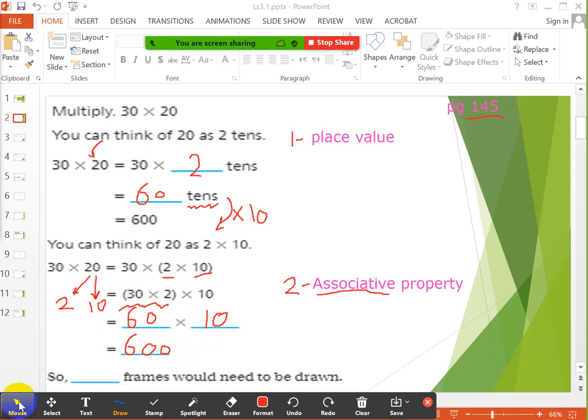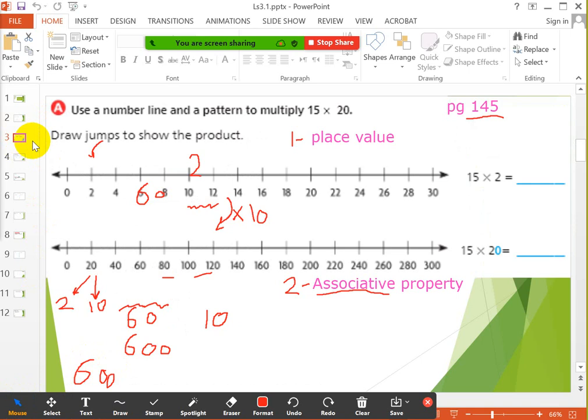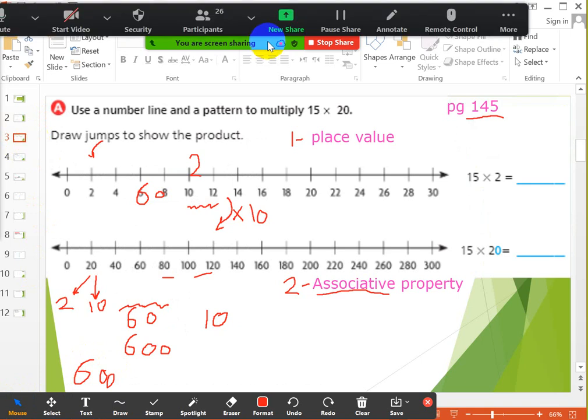Now let's move to another way. You finish this page, please. If you finish, type 1 just one time. If you finish, thank you, girls. Okay, I think all of you finished. So let's move to the second exercise or the second page.